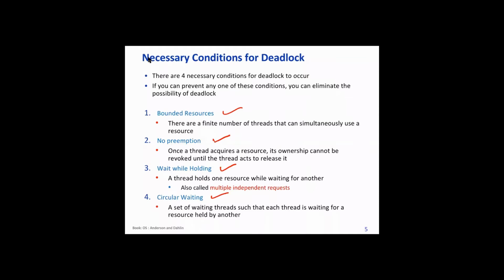Many books don't talk of necessary condition and sufficient condition. However, the places where they don't mention the necessary and sufficient condition, which is most of the places, essentially they assume that there is only one resource of one type.